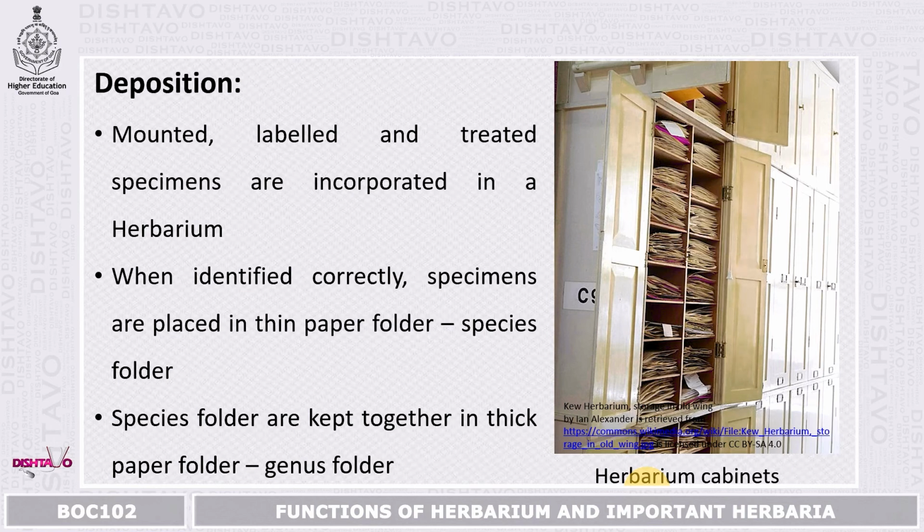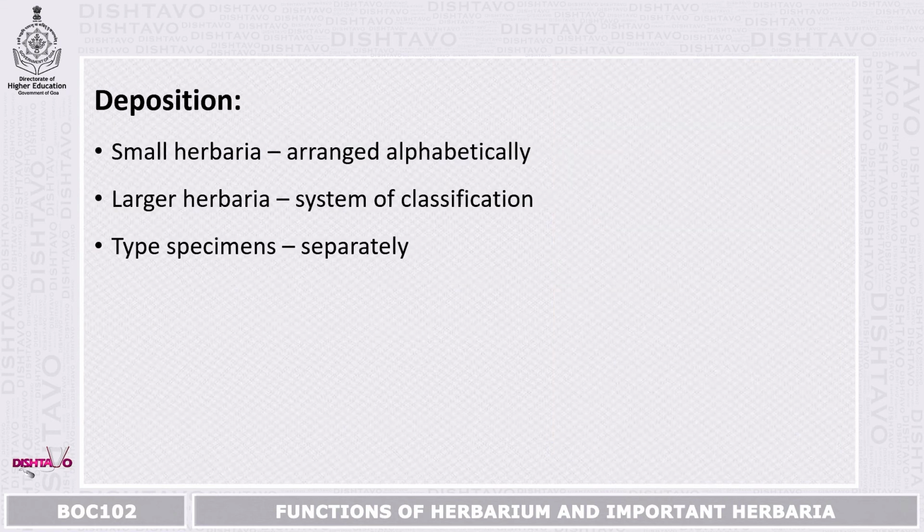Each species, along with the closely allied species, is kept together in a thick paper folder called the genus folder. In small herbaria, specimens are arranged alphabetically. Larger herbaria use a system of classification, and the type material or type specimens are arranged separately within the herbarium.